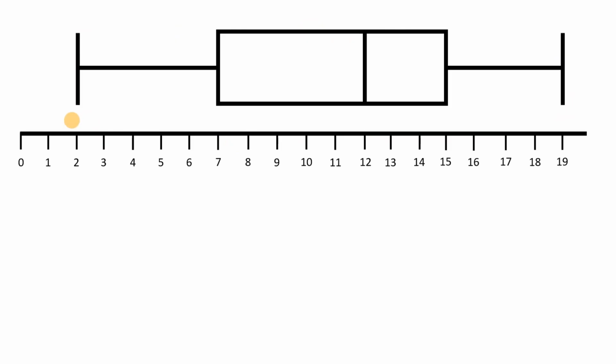So what a box plot says is this here is the minimum value, and you can see that on this axis here the minimum value is equal to 2, and then this here is the maximum value, and you can see on this axis here this is 19.